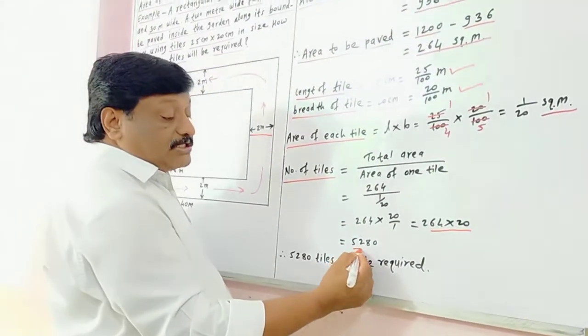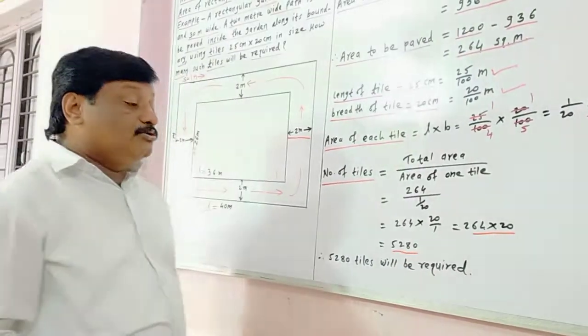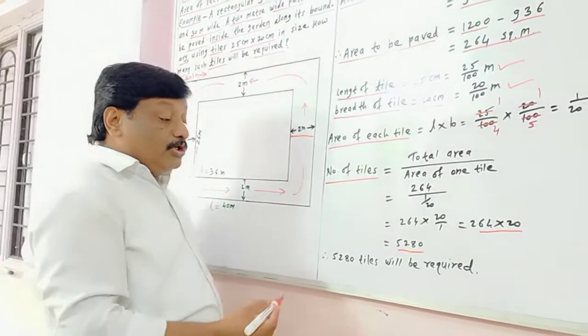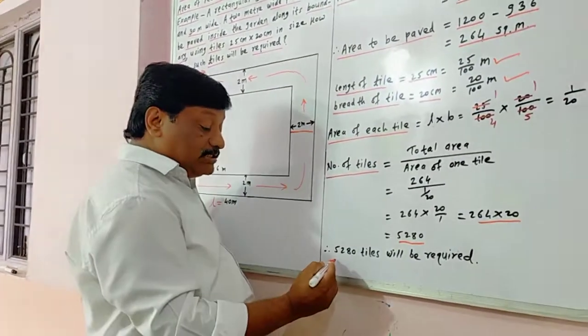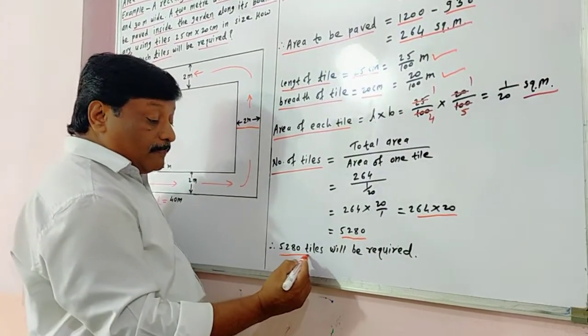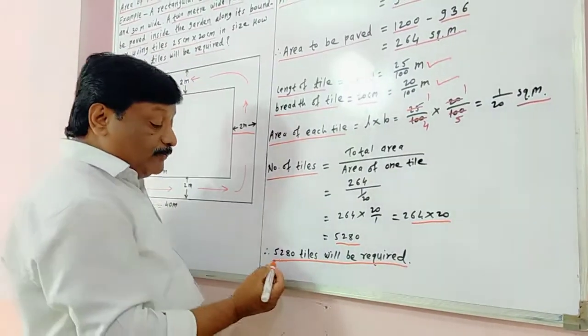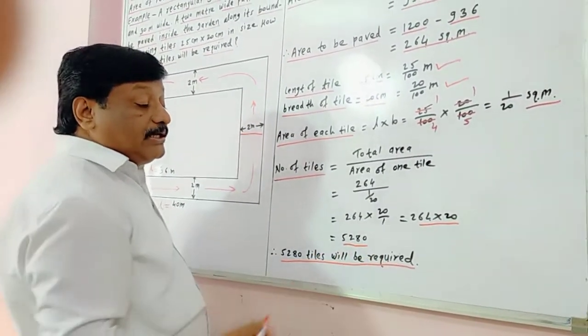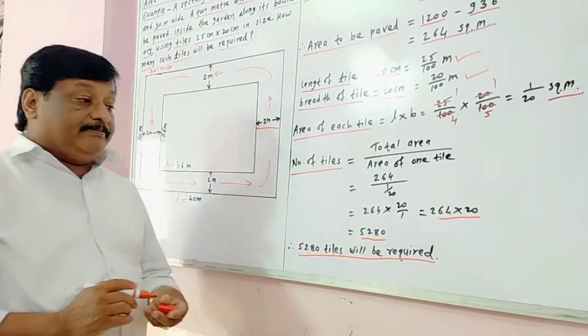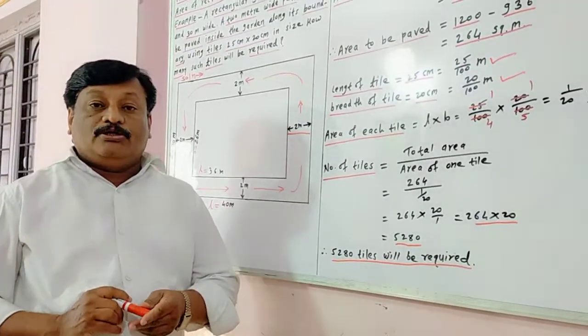This multiplication is 5280. So number of tiles equal to 5280. Therefore the answer is 5280 tiles will be required for paving. Solve this example in your maths notebook.